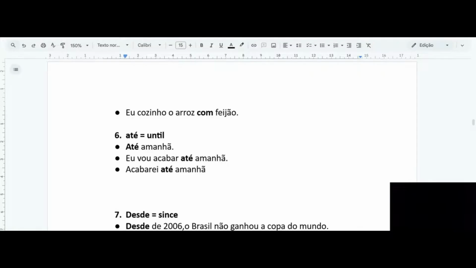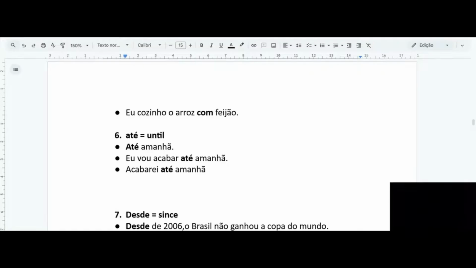Second sentence. Eu vou acabar até amanhã. I will finish until tomorrow. Okay. It's the same thing as acabarei até amanhã. So eu vou acabar até amanhã and acabarei até amanhã are the same. For now, you won't understand acabarei.